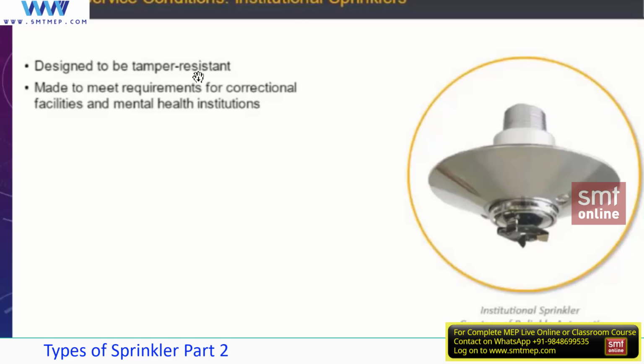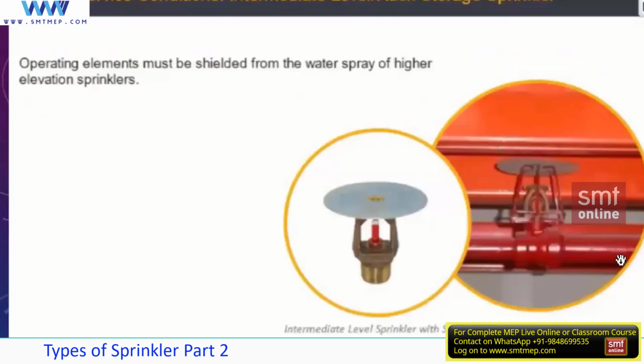Tamper resistance means it is somewhat difficult to break or damage compared with the normal sprinkler. How does it function, sir? Same. This is a fusible link type, not the bulb type, but this construction is so compact that it will not be damaged easily like the normal sprinklers.